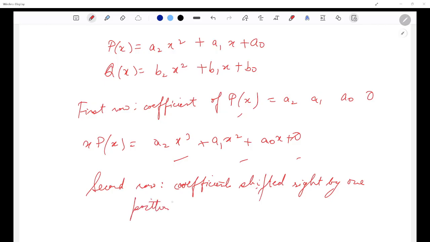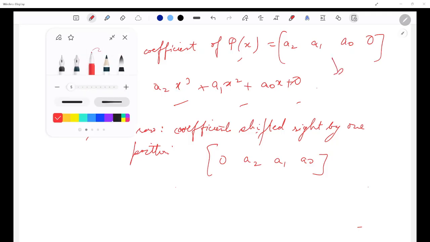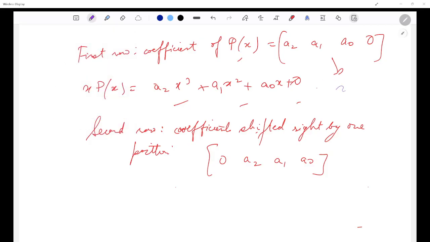So from here you get 0, a2, a1, a0. These two rows represent the following: the first row represents x to the power 0 times P(x), and this one represents x to the power 1 times P(x).